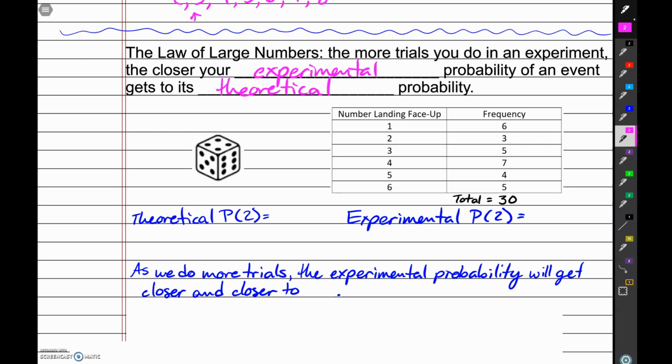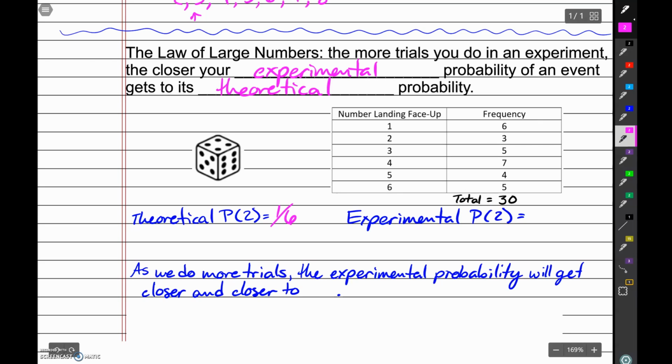Okay, so the probability that you are getting for drawing a striped marble is getting closer and closer to what you thought it would be just by counting how many striped marbles there are divided by how many total marbles there are.